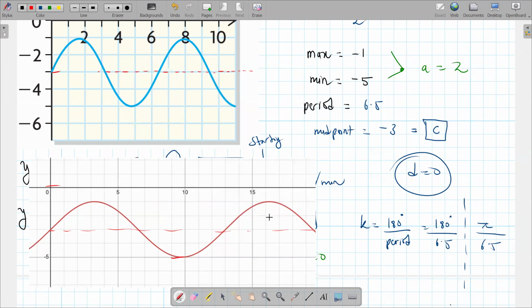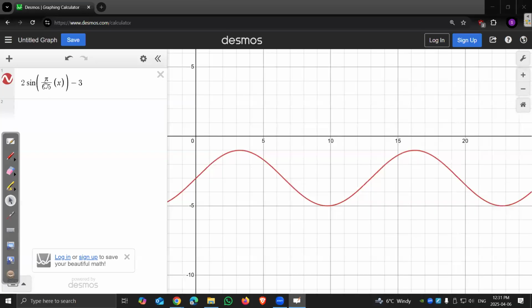Let me try something. I feel like I messed up the formula. It's not 180. I see what the formula is. It's 2 pi over period. It's not 180. It's 360. So let me just change that pi into 2 pi and we should get the exact same thing.